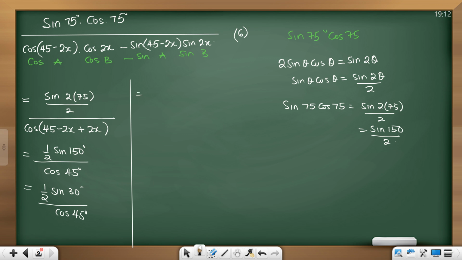So this is what? 1 over 2 times 1 over 2 divided by what? Root 2 over 2. What is that? 1 over 4 divided by root 2 over 2. If you use your calculator, you get what? Root 2. Check. Is it root 2 over 2?